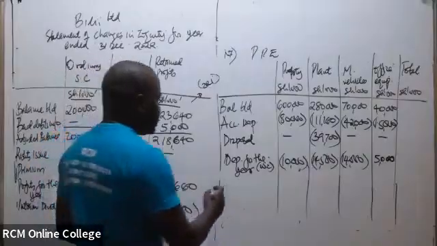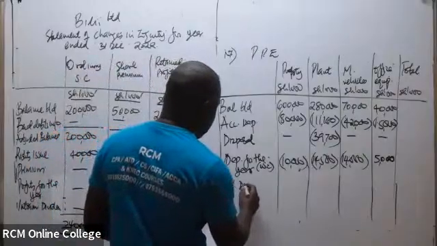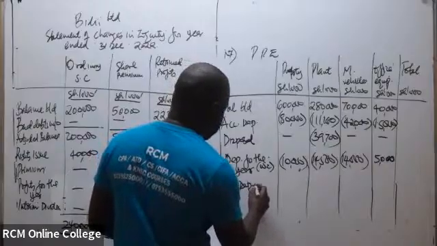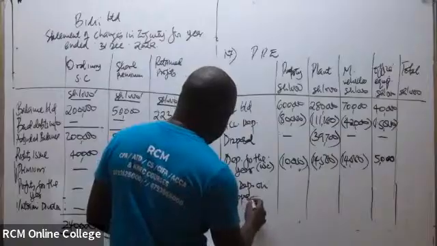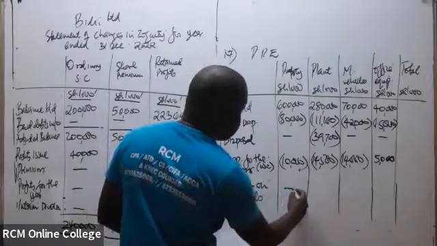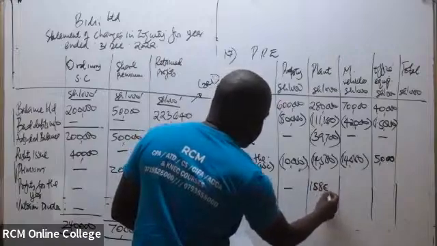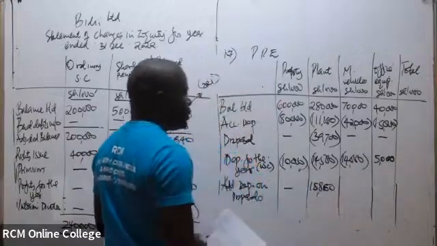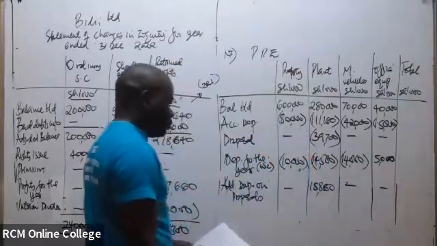So you can add back depreciation on disposed of items, depreciation on disposals. This one is 15,860. I think those are the only items.